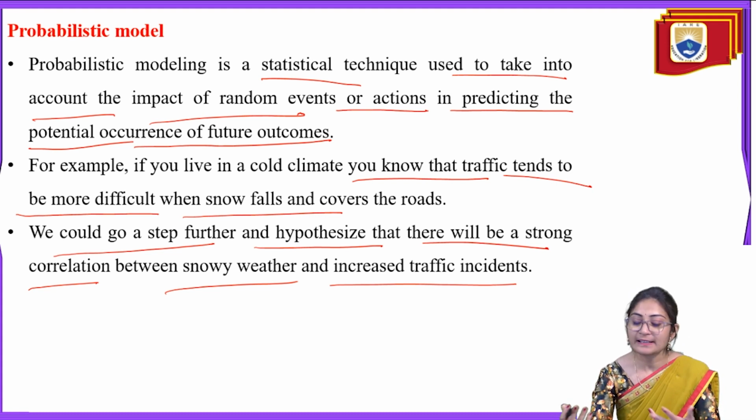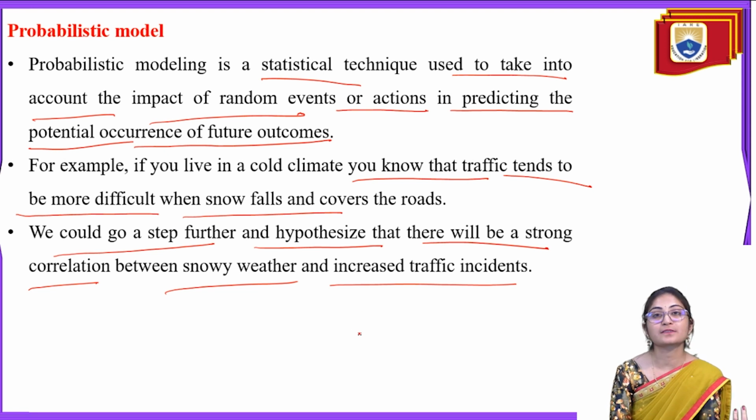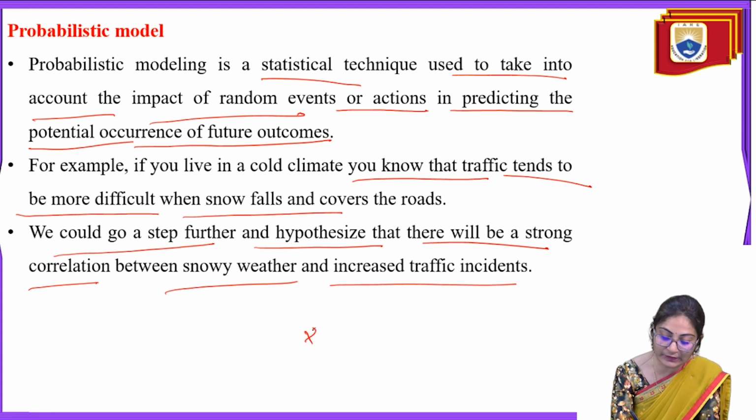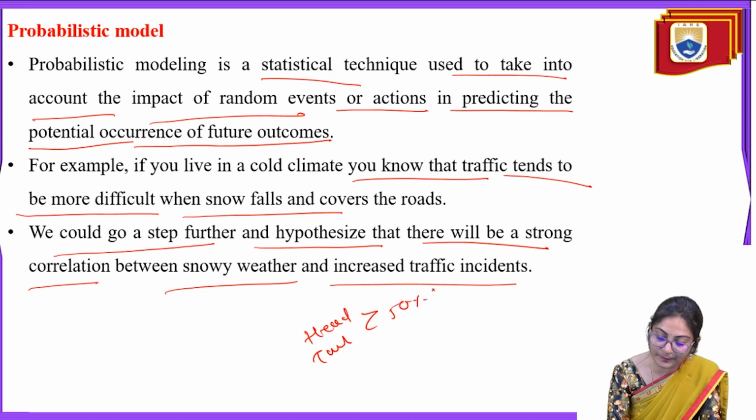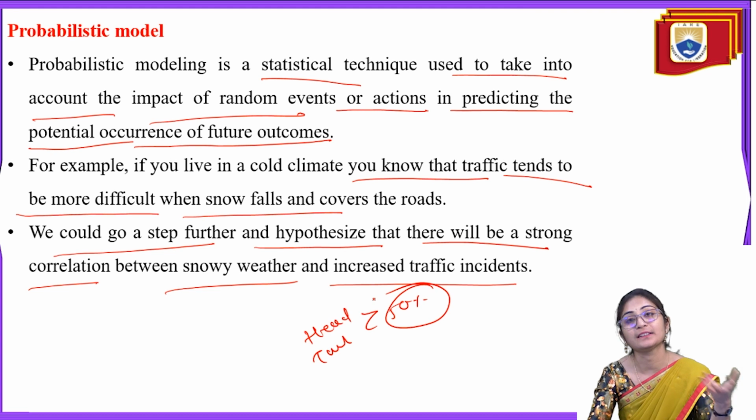Tossing a coin means there are only two choices. Either you will get the head or you will get the tail. So that means you will get 50-50% chances of getting head and tail.